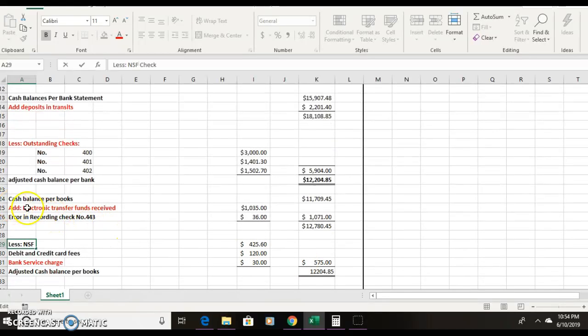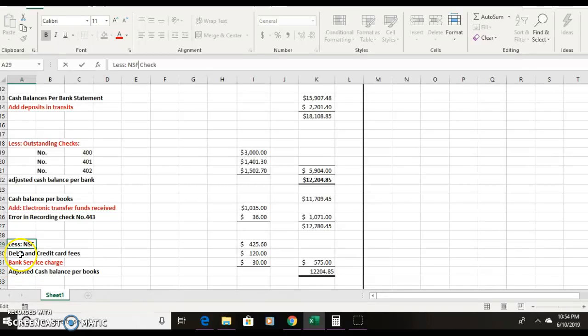And then we added the cash balance per books, and it was 11,709.45. We add any electronic transfer funds that were received, and we totaled that here, and then any errors in recording checks. We had an error in check number 443. That was $36. We totaled those. We came to $1,071, and then we added that to the cash balance for the books.